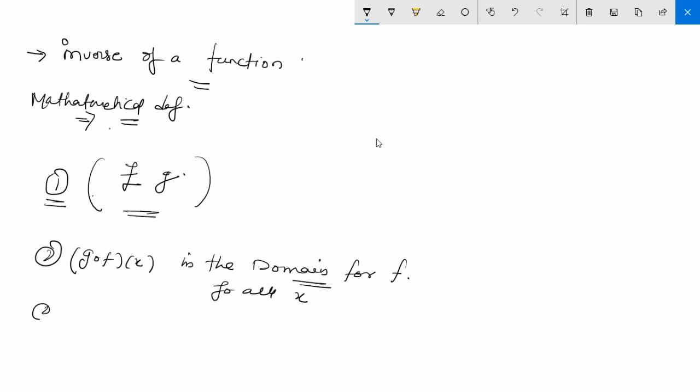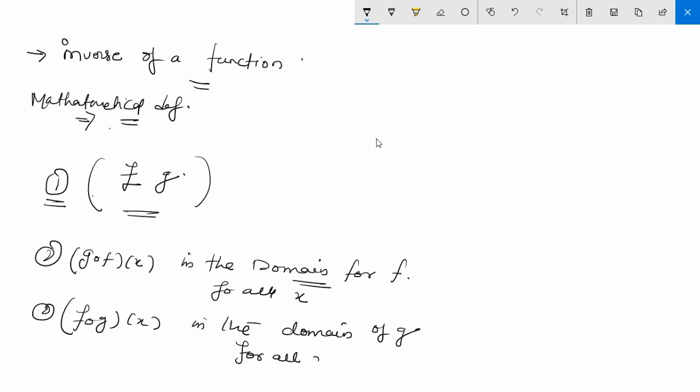Then you find f of g of x for x in the domain of g, for all x.